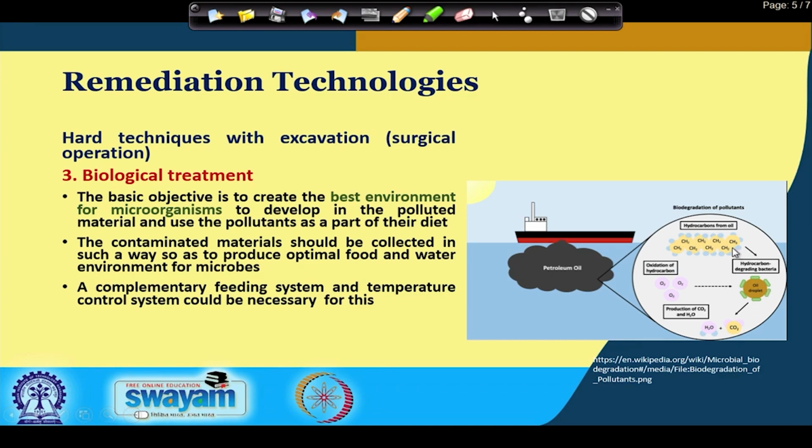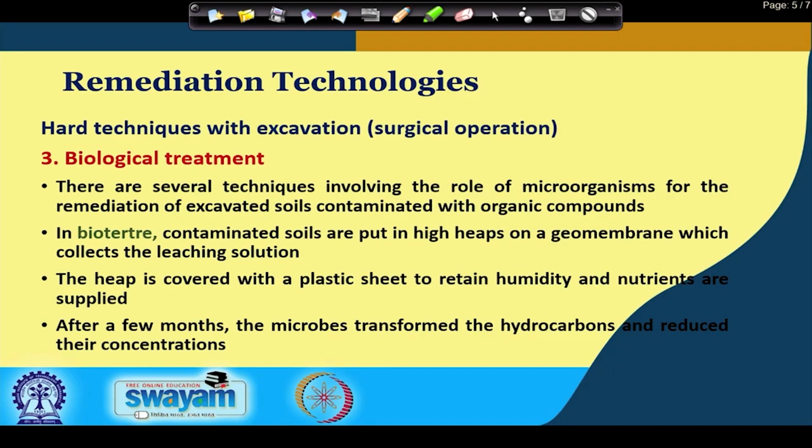So, these large chain hydrocarbons are ultimately converted to water and carbon dioxide by these hydrocarbon degrading bacteria involving molecular oxygen. This is how biological treatments help in the remediation of different organic contaminants.